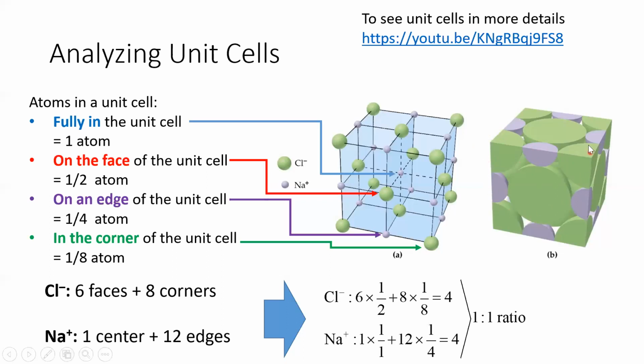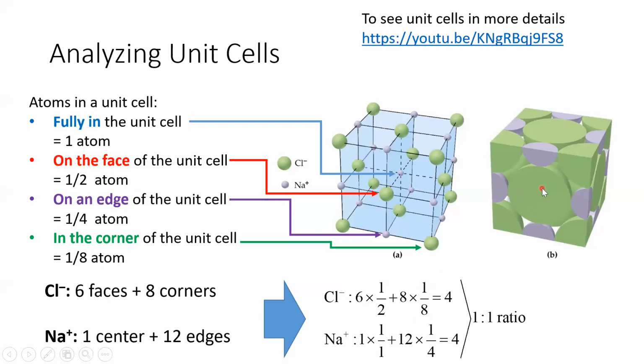So looking at sodium chloride, we have 6 faces, 1 on the top, 1 on the bottom, and 4 around the middle. And we've got 8 corners. So for chloride, we've got 6 faces, and 1/2 of each chloride is within that unit cell. So that gives us 3. We've got 8 corners, and each of them has 1/8 of a chloride. So that gives us 1 chloride.